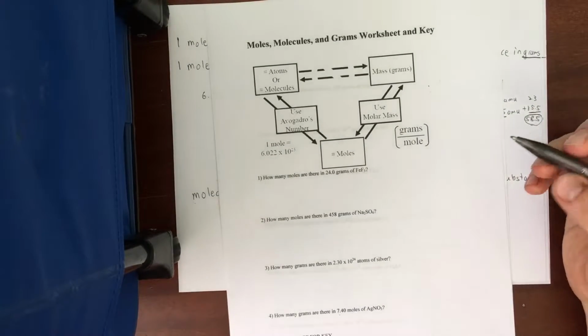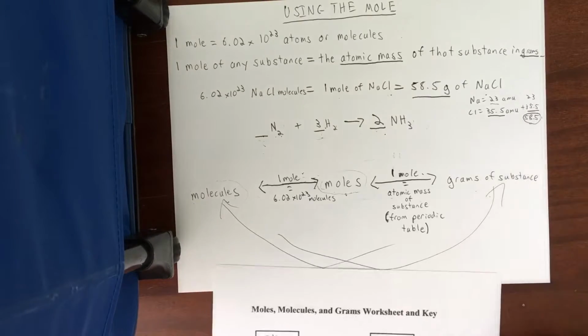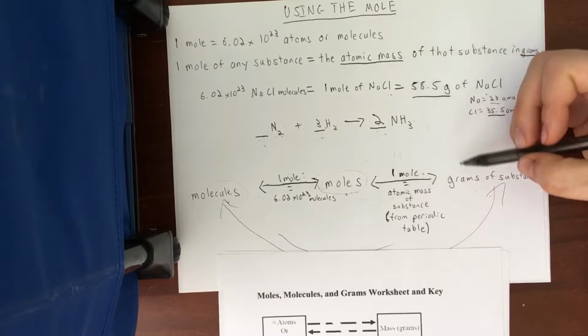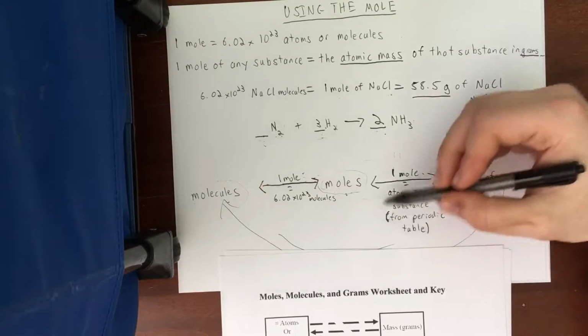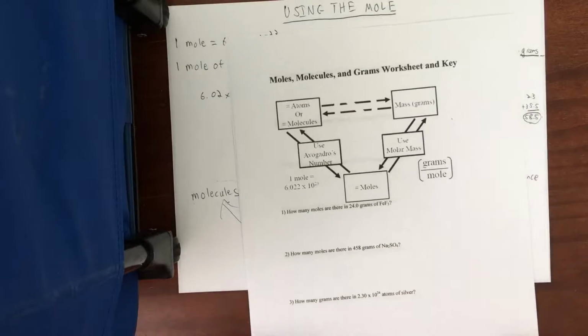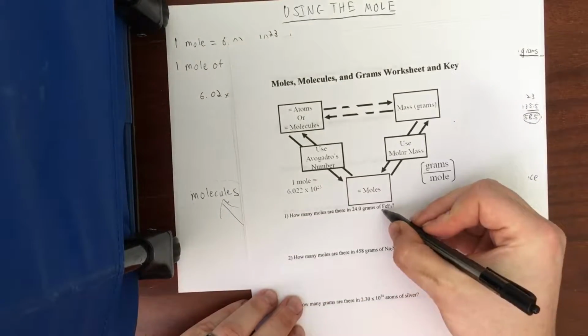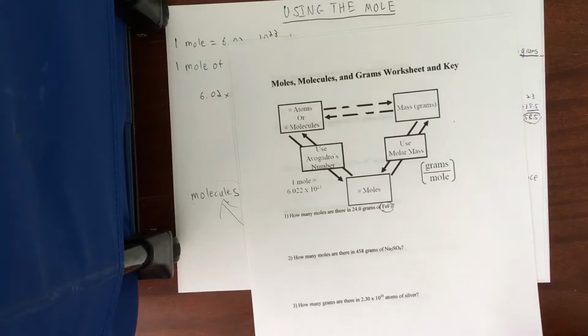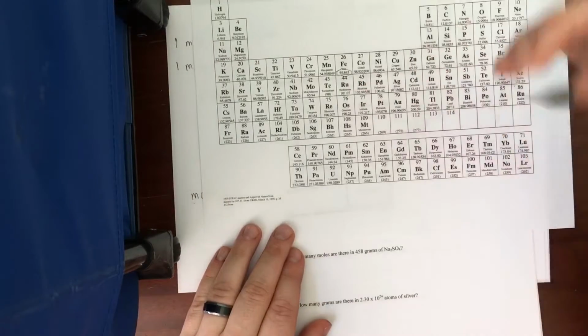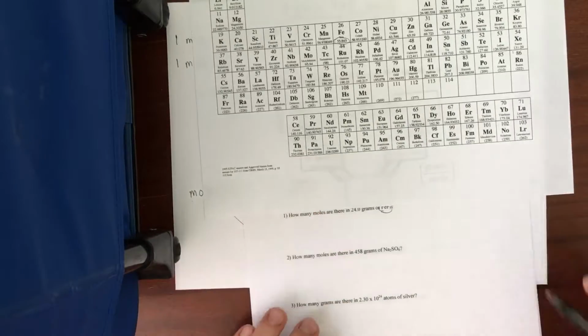So if we want to convert between grams and moles, we know that 1 mole is equal to the atomic mass of that substance in grams. So first we need to figure out what is the atomic mass of iron 3 fluoride. Well, if we look at our periodic table, 1 iron is equal to approximately 55.8 grams.